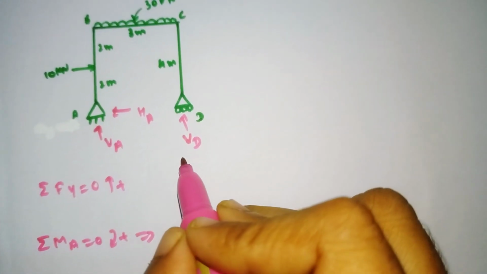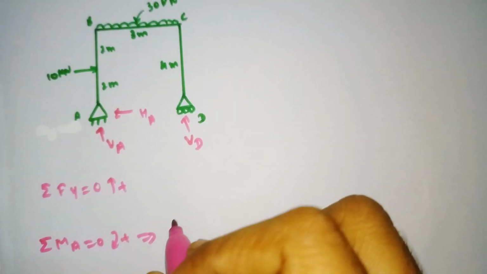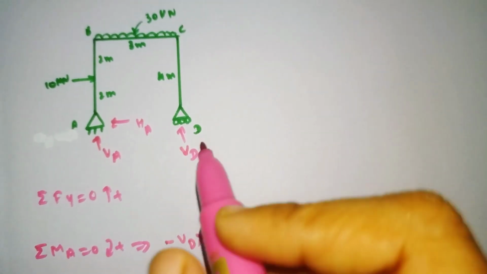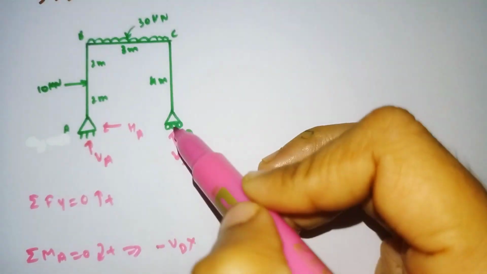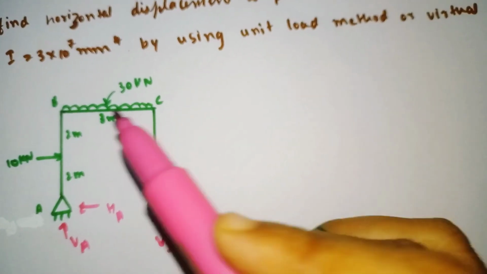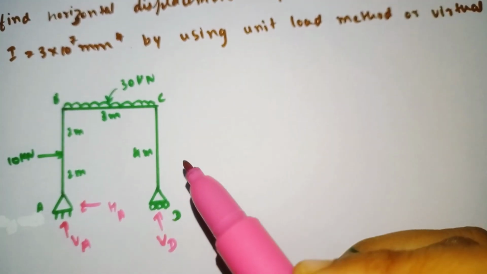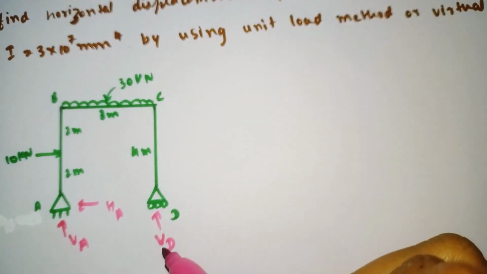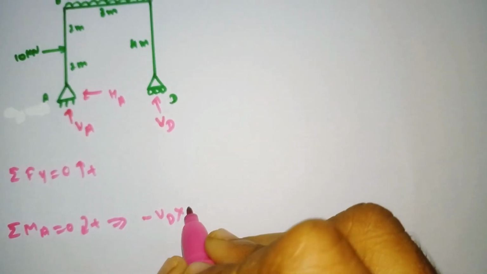Here VD is moving anti-clockwise, so it is minus VD into a distance of 3 meters. We always need to take the perpendicular distance, and for VD the BC member is perpendicular. So minus VD into 3.